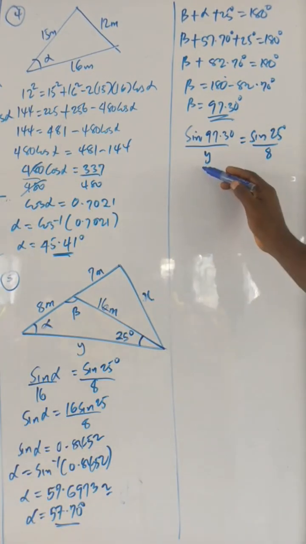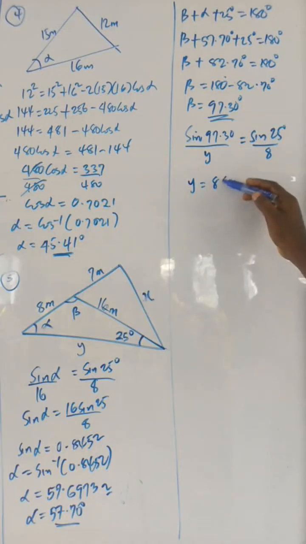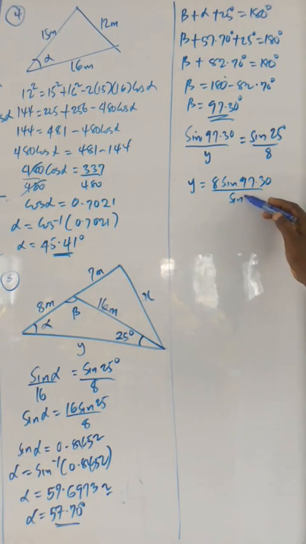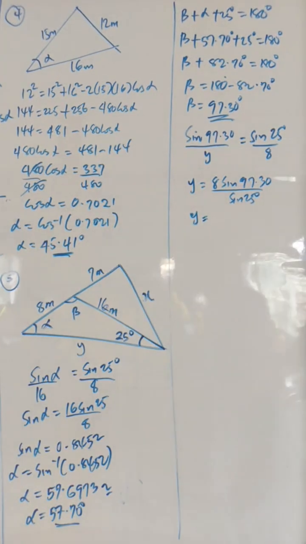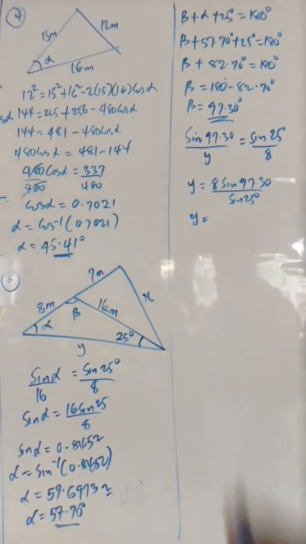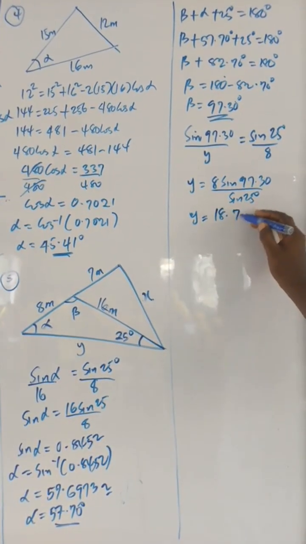So from here, our y equals to 8 sine 97.3 divided by sine 25. Final answer, 18.78.